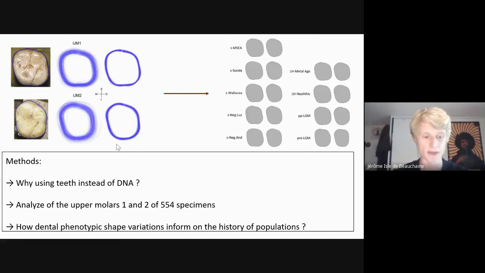To do that, they took photographs of the molars in occlusal view in order to analyze the contour shape and applied morphometric analysis methods in order to reconstruct shapes for each population. Next slide, please.